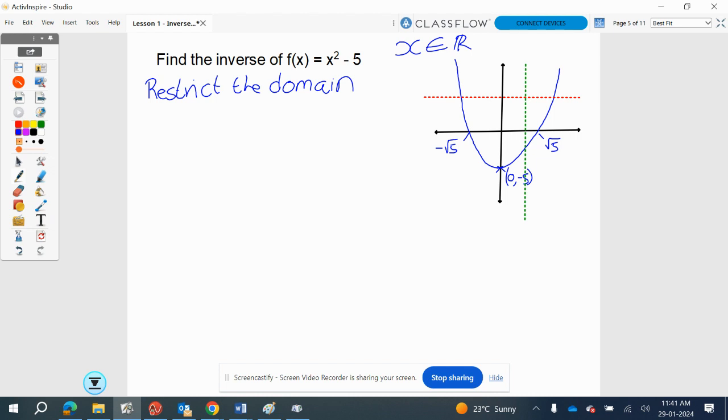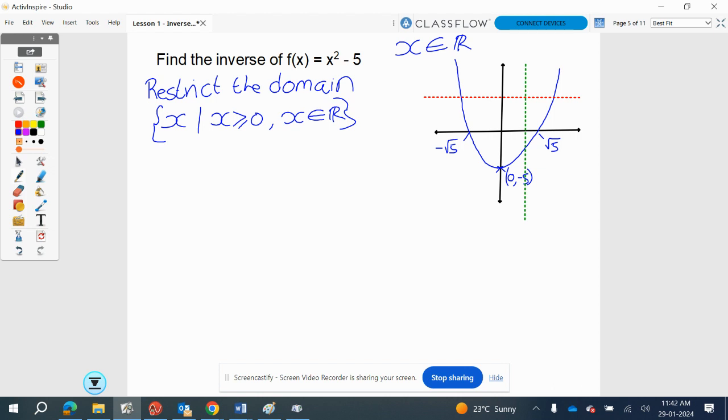X is part of the real numbers, less than 0 or greater than 0. It's not going to be complex. This would be the biggest possible domain such that the function is invertible.